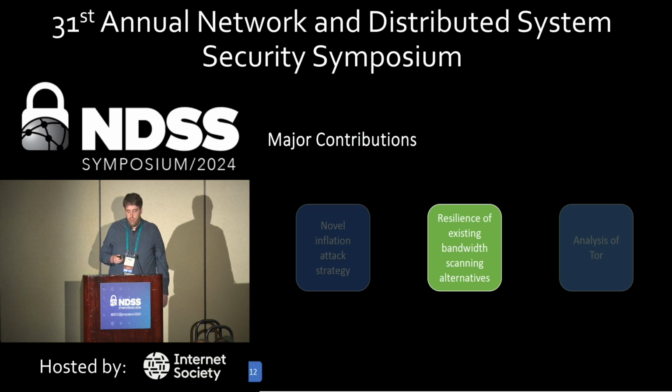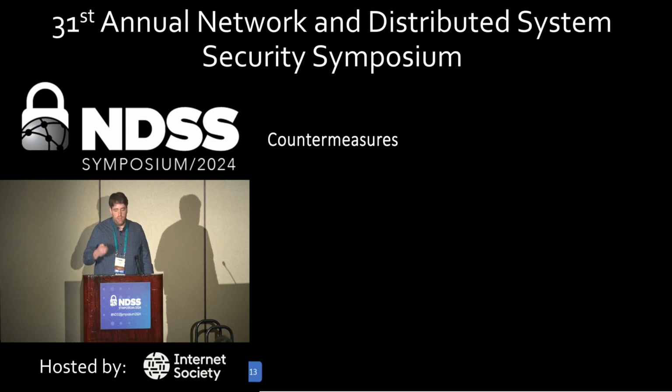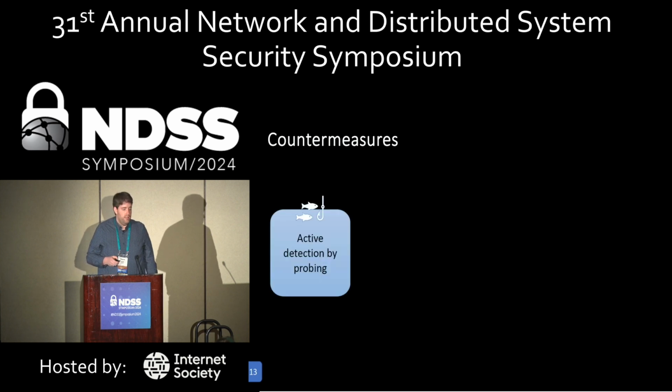Now, the other contribution we have is the resilience of other bandwidth scanning and measurement techniques. But first, this counts as a countermeasure, and I want to go through other countermeasures against this attack. One countermeasure would be to actively probe relays, meaning we force co-measurements on specific relays. However, this is impractical since we have 7,000 relays, and it would increase the load on the Tor network itself.